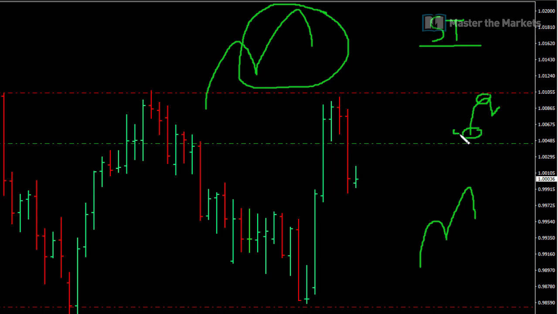So one low, one high, and then another higher low, right? So that's what we are looking for. If you get two Ns in a row, then you've got higher highs and higher lows. So that's the first point in this strategy.